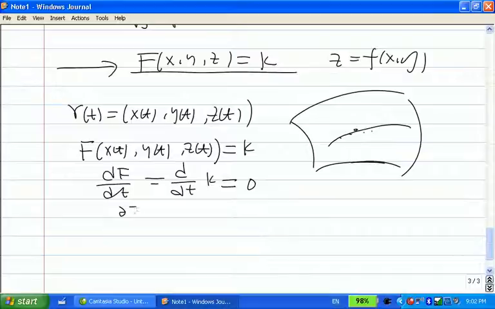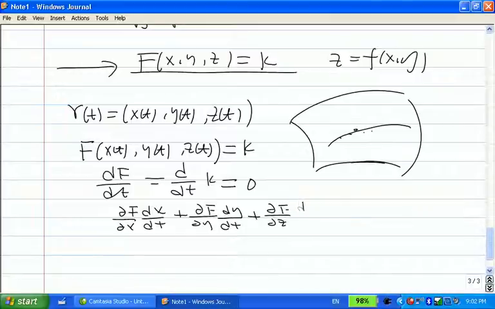You get partial f with respect to x times dx/dt, plus partial f with respect to y times dy/dt, plus partial f with respect to z times dz/dt, which gives you 0. A short way to write this is gradient F dot r prime.